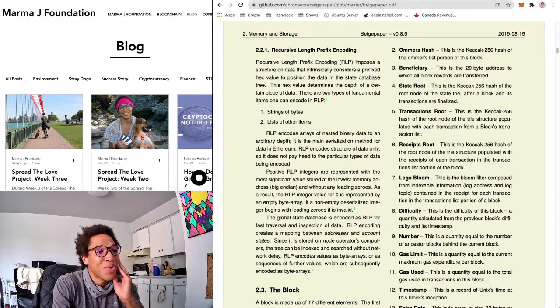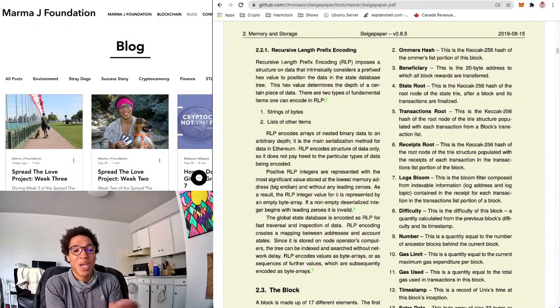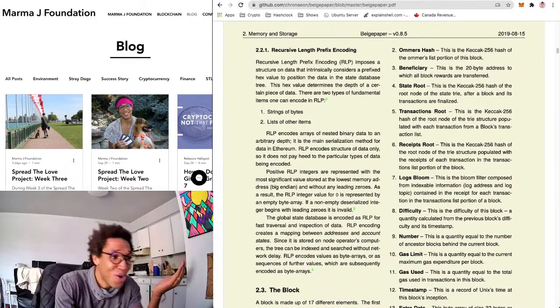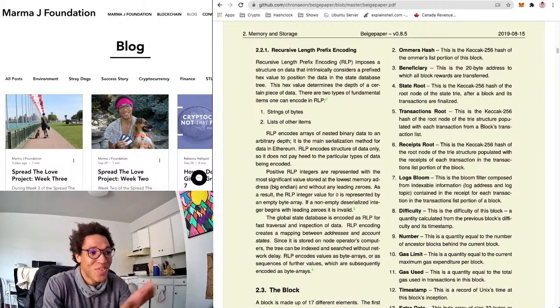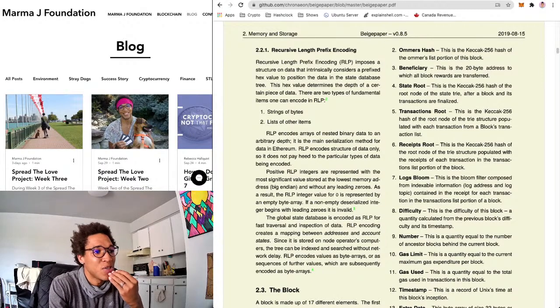As a result, the RLP integer value for 0 is represented by an empty byte array. I think that's important too, because if you want to know something is 0, you can easily just check whether the array is empty, and then boom, it's very easy to search. If a non-empty deserialized integer begins with leading zeros, it's invalid.